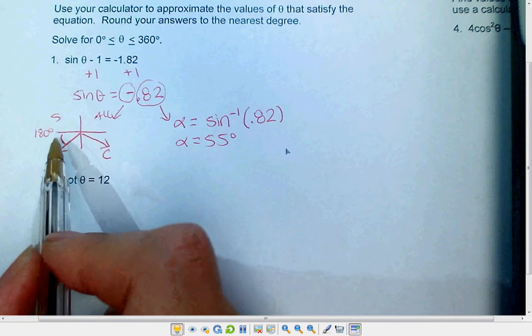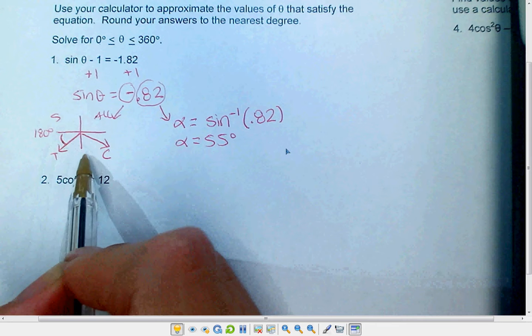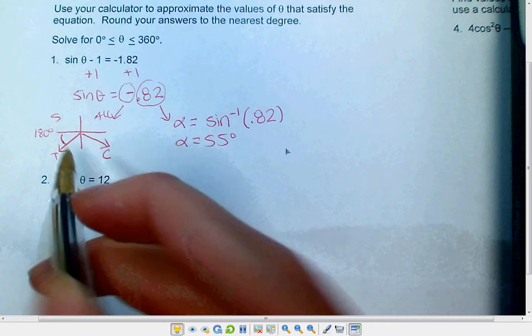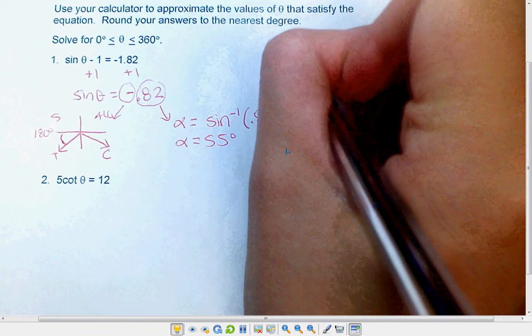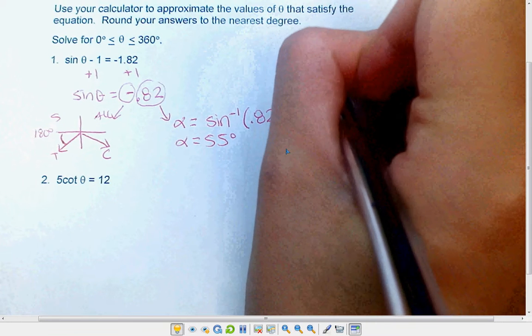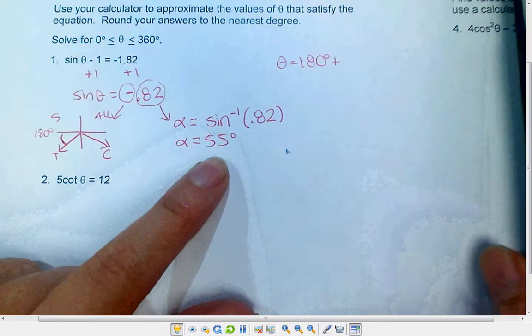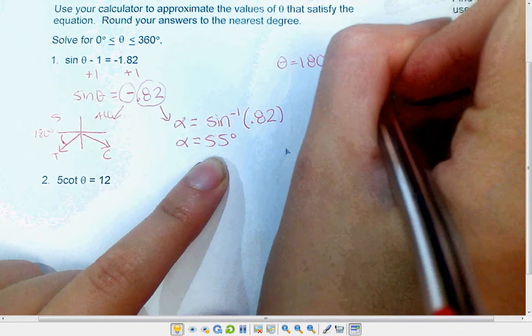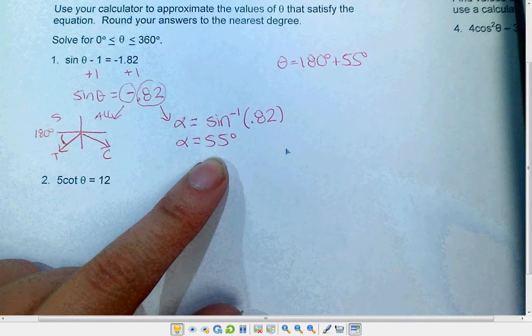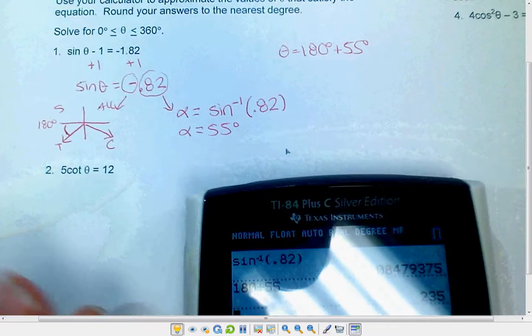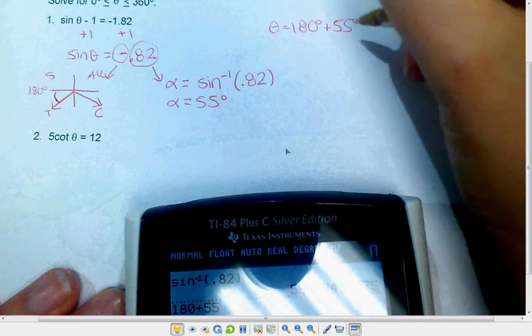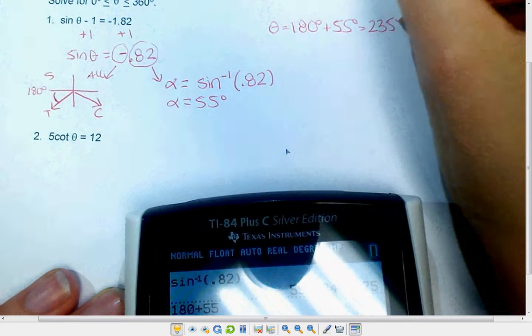And because it's going from 180 towards 270, we know it's increasing. So our first angle is going to be 180 degrees plus our reference angle, which is 55. That's going to give us 180 plus 55, 235. So that's our first answer.